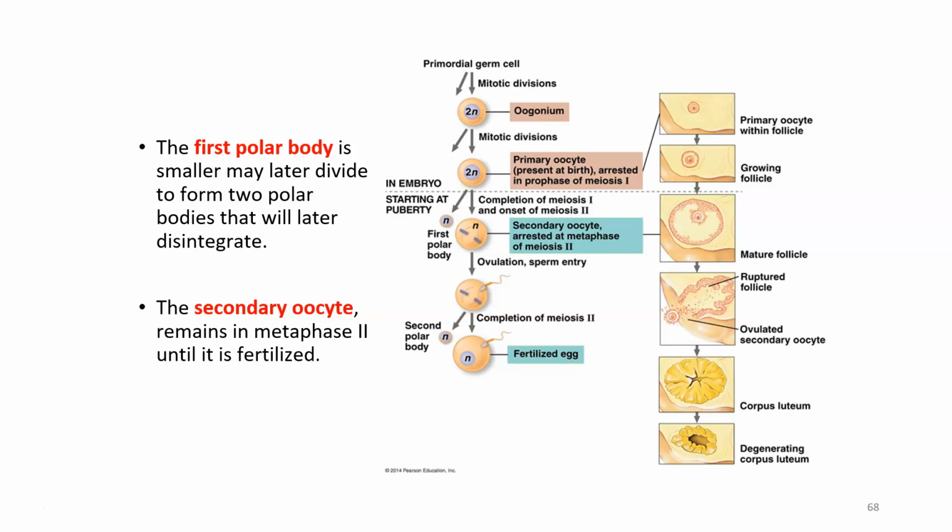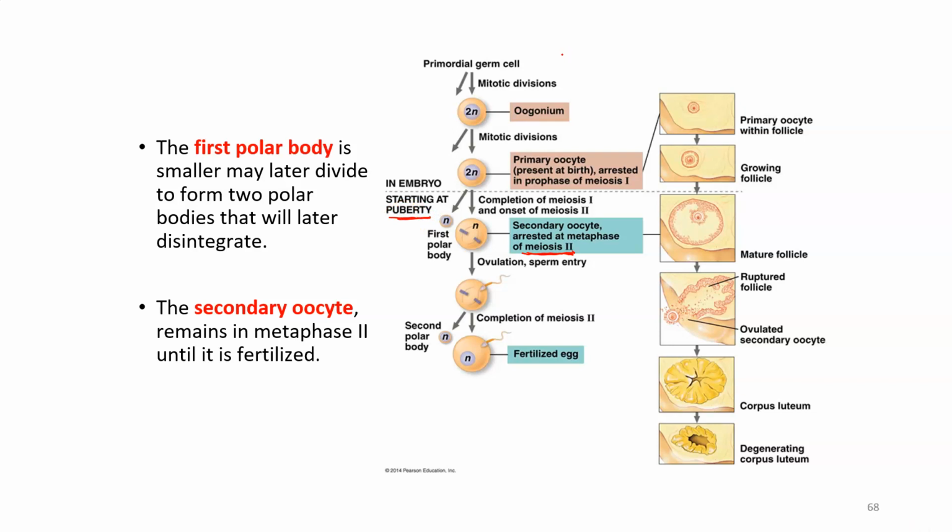Chapter ni dah lama dah, kita dah lama dah belajar. Soalan tu dia cakap immature egg does not undergo meiosis II until. Awak tengok ni bila berlakunya proses meiosis II? Bila start of puberty. So maksudnya sebelum tu apa jadi?